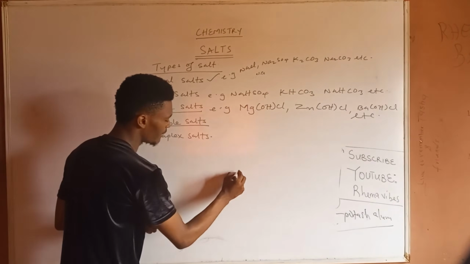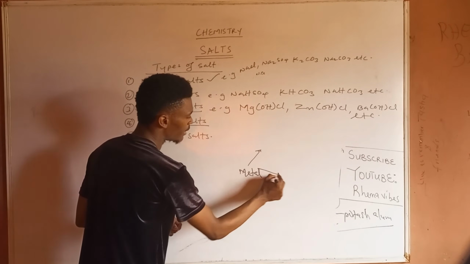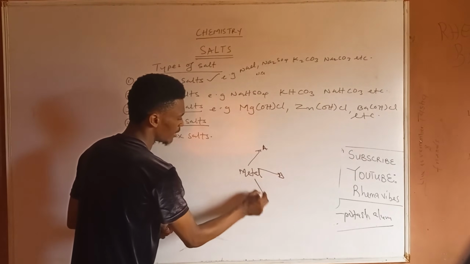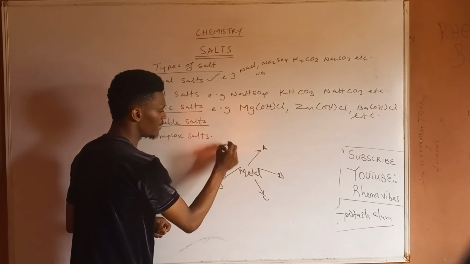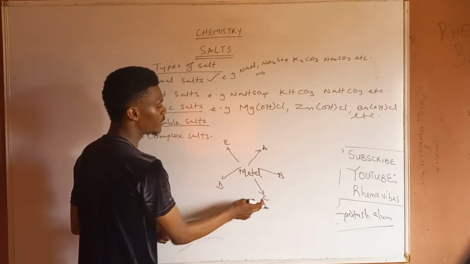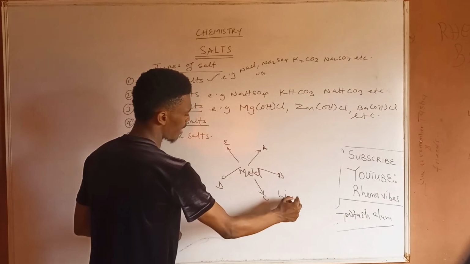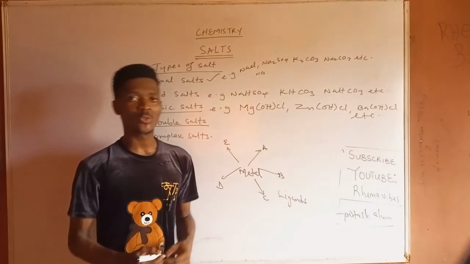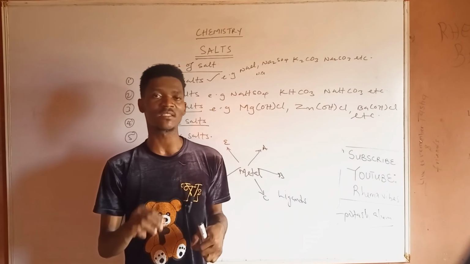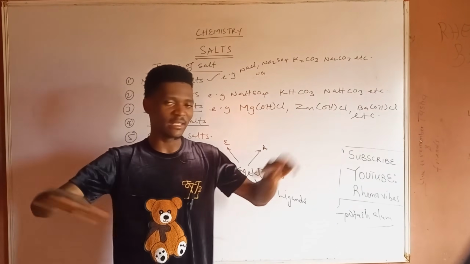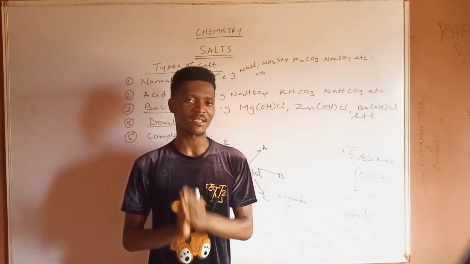So it's just like you having a metal at the middle, and then it's linked to A, B, C, D, and E. Now, all these ones, they are electron donating species, and they are all considered to be called ligands. All right. So it's very easy for you to spot your complex salts. Like I said, there is a centrally located positively charged ion, which is a metal, linked to other species that are considered to be electron donating species, which are known as ligands.